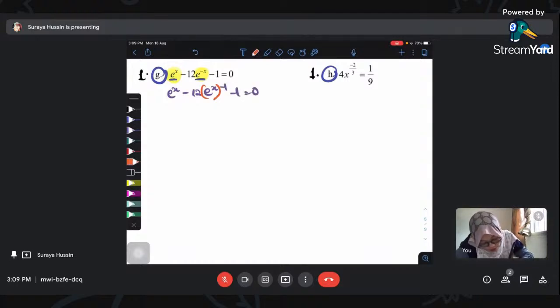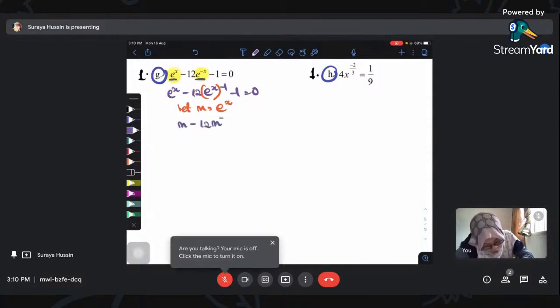And so you will start to let m is equals to e to the power of x. Alright. And then m minus 12m to the power of negative 1 minus 1 is equals to 0.